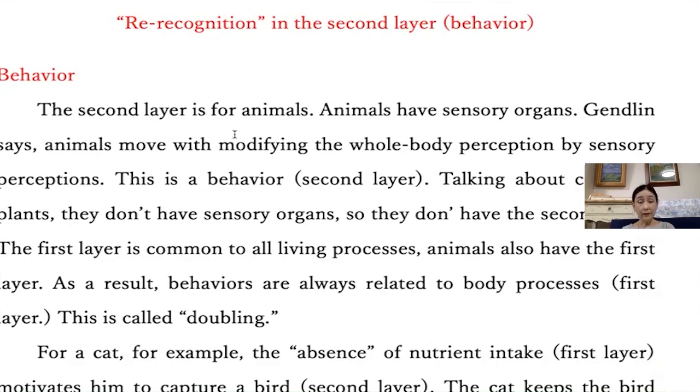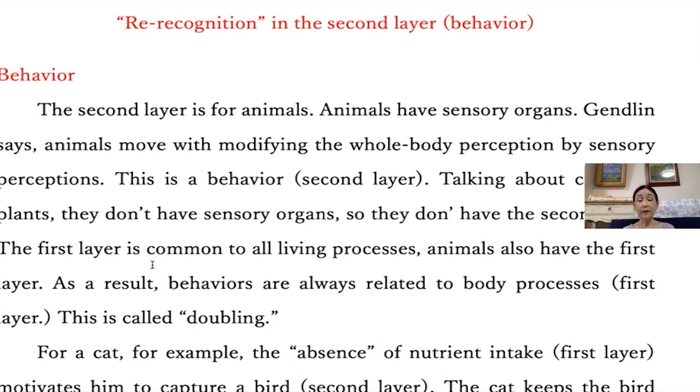The second layer is for animals. Animals have sensory organs. Gendlin says animals move by modifying the whole body perception through sensory perception. This is behavior, the second layer. Cells and plants don't have sensory organs, so they don't have the second layer.